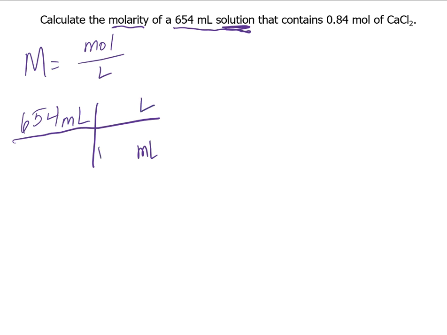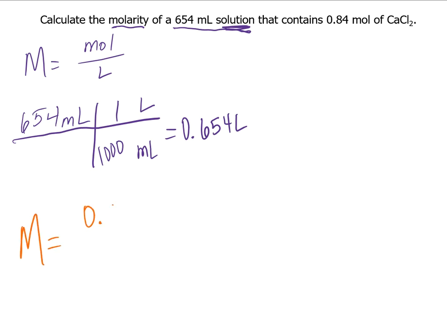And so recall the relationship. Milli is 1,000 times smaller, so it takes 1,000 milliliters to represent 1 liter. That means that this volume is equivalent to 0.654 liters. It also gave me my amount of solute, which was 0.84 moles. I don't have to do any conversions with that because it's already in the units that I need. So from there I can simply plug into my equation.